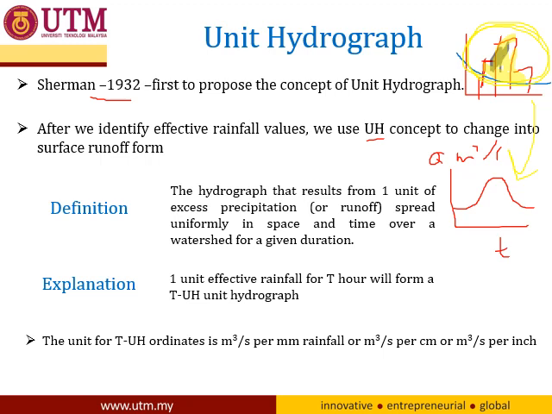So for example, if you know that the total of this excess rainfall is 100 millimeter, let's say. What if it is a 1 millimeter effective rainfall?